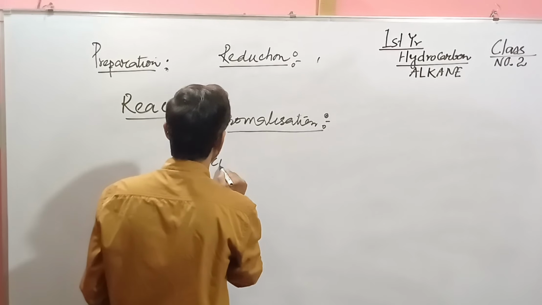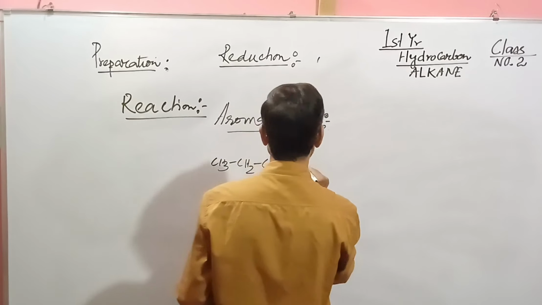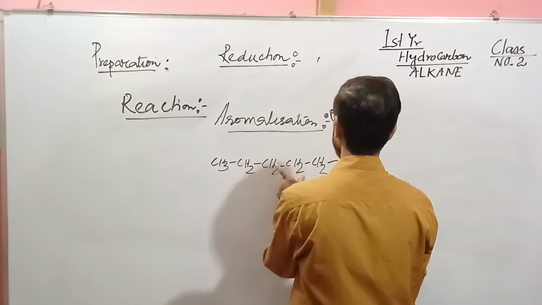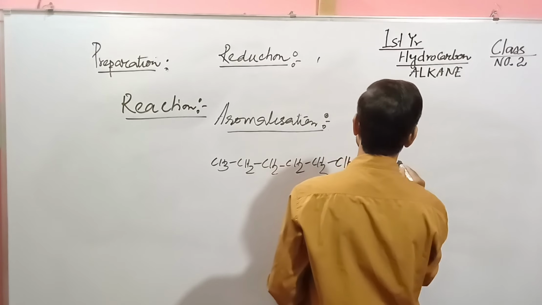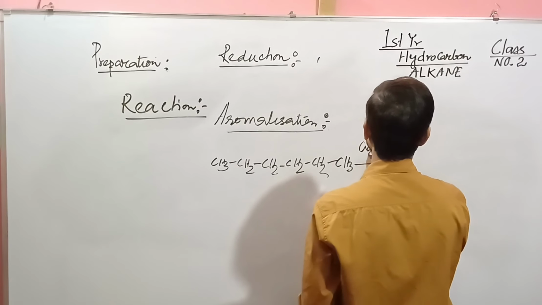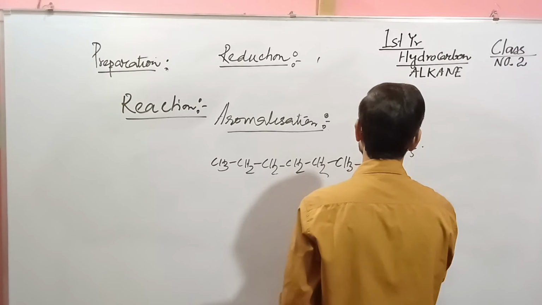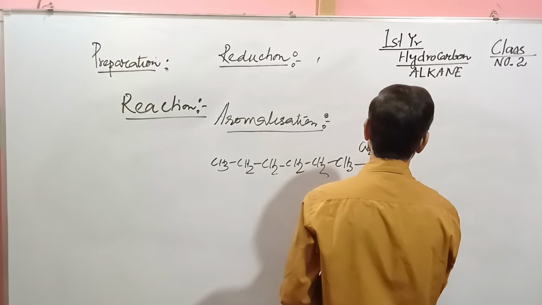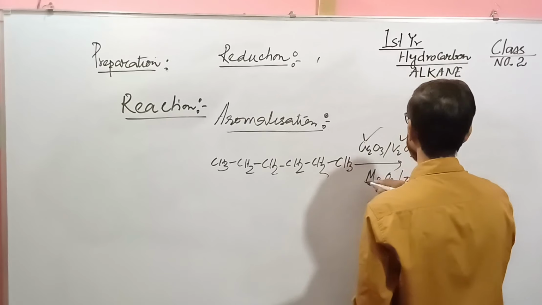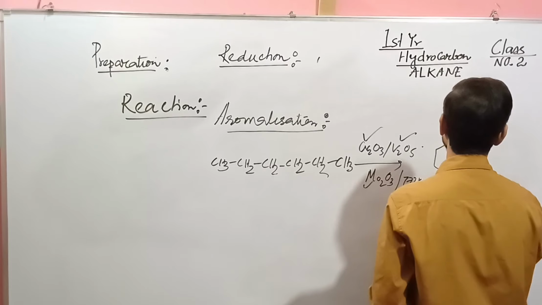Say CH3, CH2, CH2, CH2, CH2, CH3. With any one reagent at this temperature, the answer will be aromatic benzene.